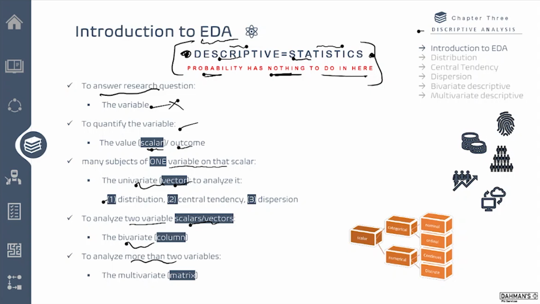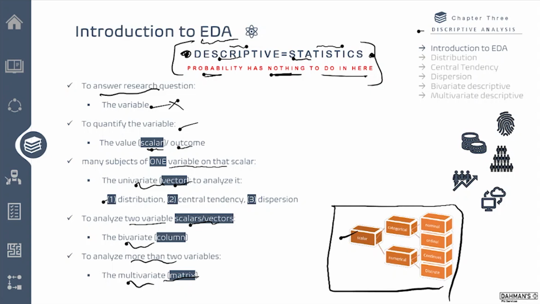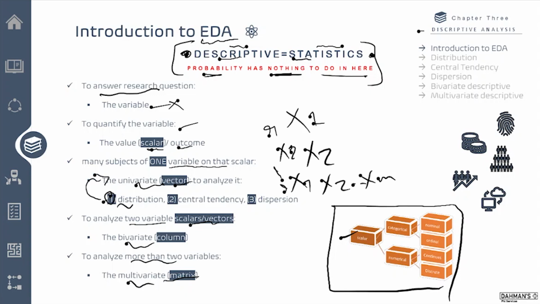More than two, we are looking at the matrix or multivariate analysis. I hope this introduction of the EDA in general, especially this image of understanding the possible value or scalar a variable can take and why and how, is quite clear to you. Let's go ahead now and explore the first on analyzing one vector, and that is the distribution. See you then.